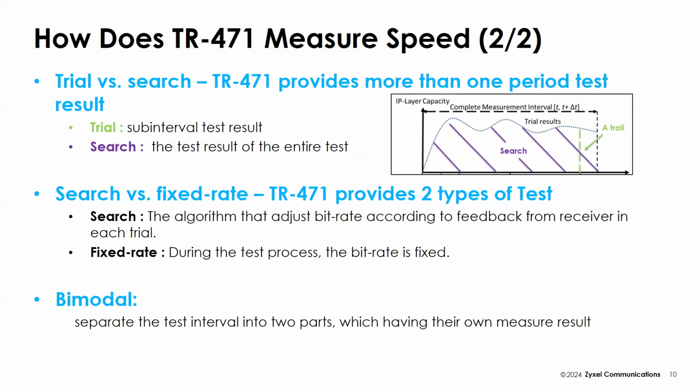We can see that there are two kinds of algorithm running on the sender. The first one is the search algorithm. With the help of the search algorithm, it can adjust the sending rate according to the feedback we got from the receiver. So that can help the sender to provide minimal packet loss and make the delay variation less than a configured value.